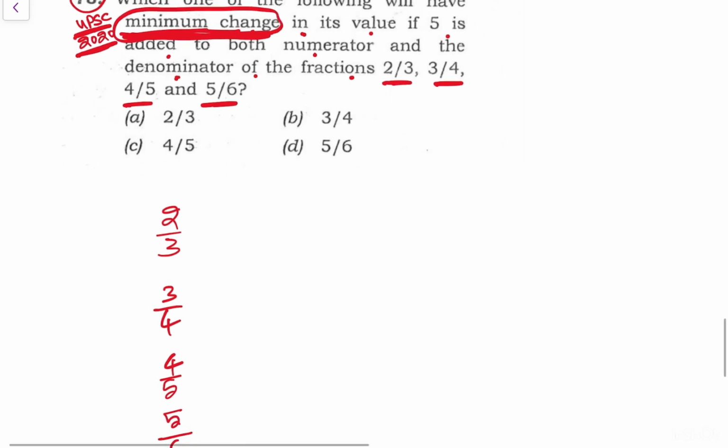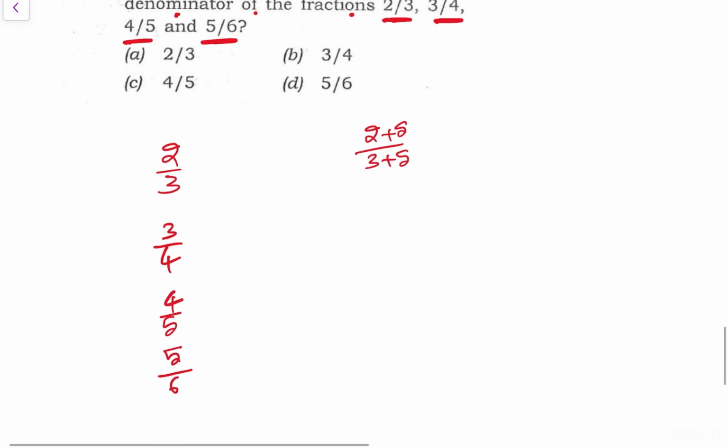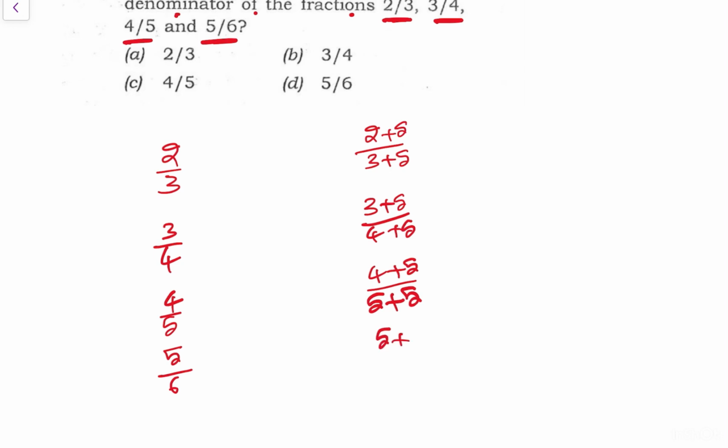So if 5 is added to both numerator and denominator, the numerator becomes 2 plus 5 by 3 plus 5, 3 plus 5 by 4 plus 5, 4 plus 5 by 5 plus 5, 5 plus 5 by 6 plus 5.